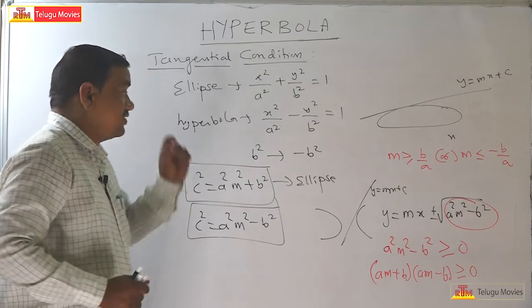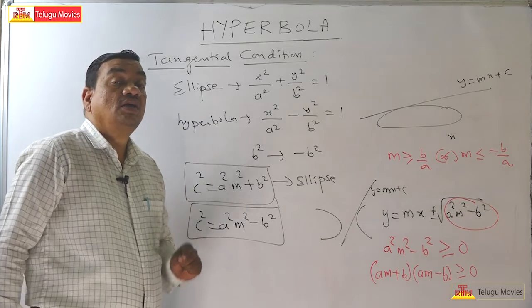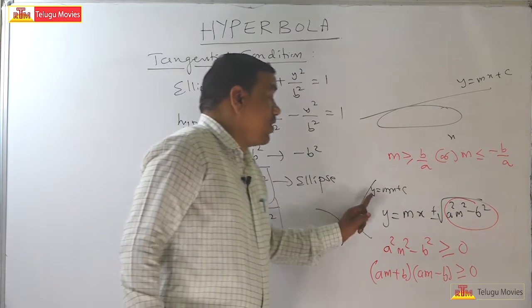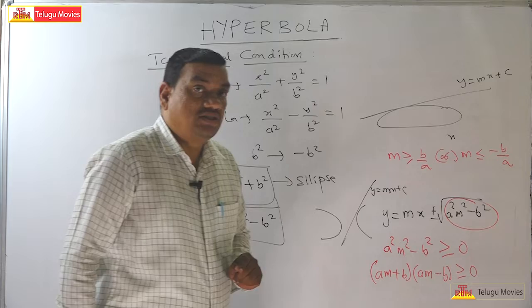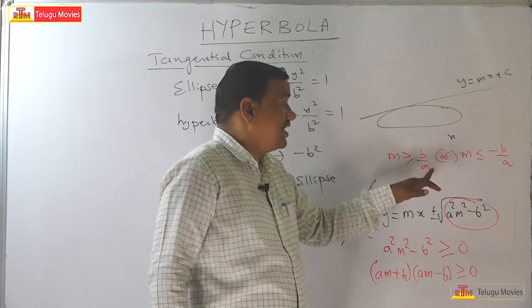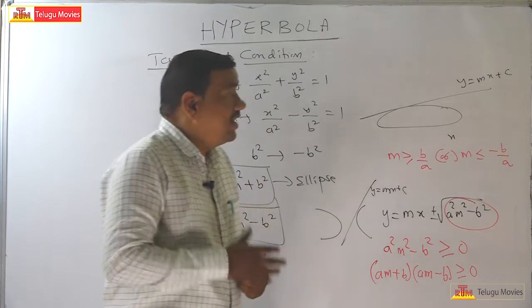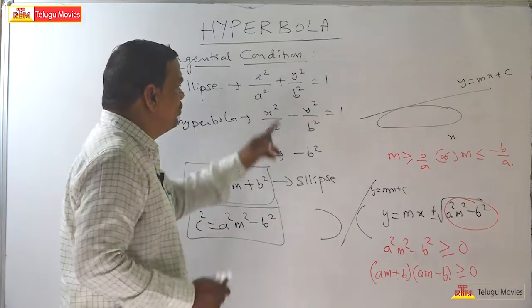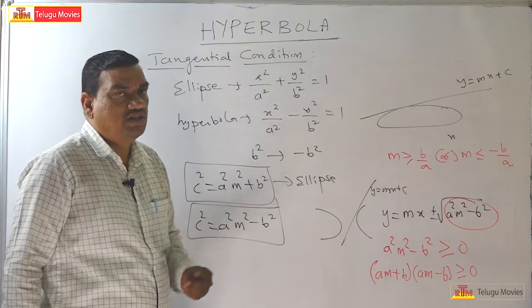Whatever may be the slope of the line y is equal to mx plus c, it should be either greater than or equal to b by a, or less than or equal to minus b by a. You know what a and b are.